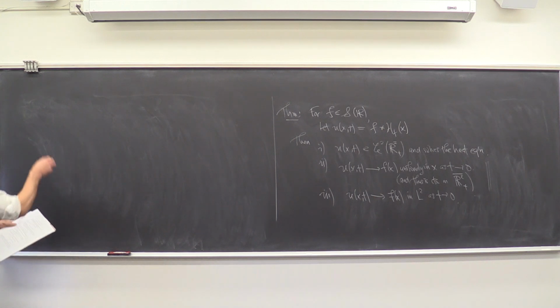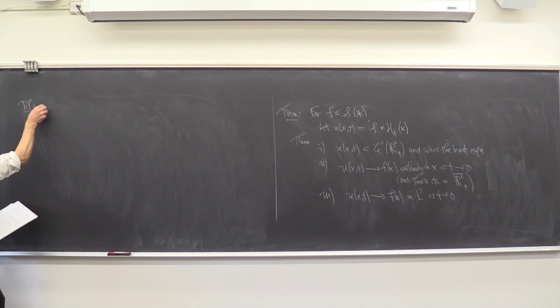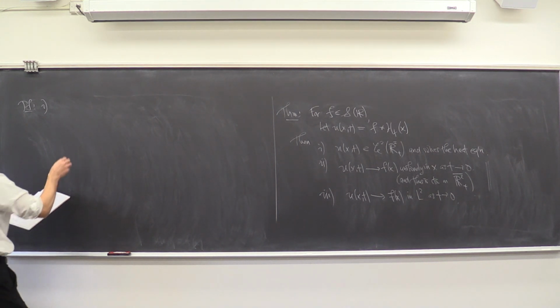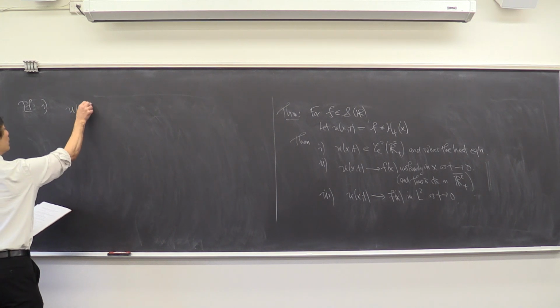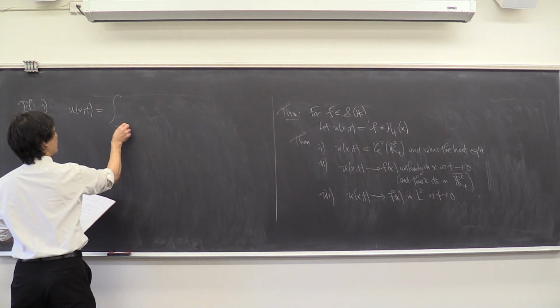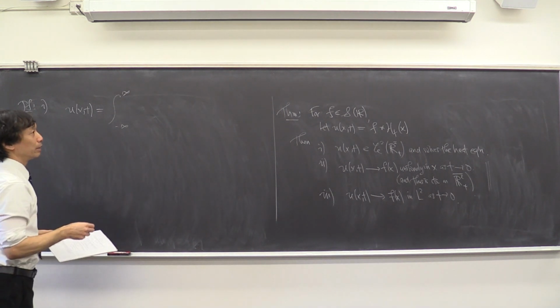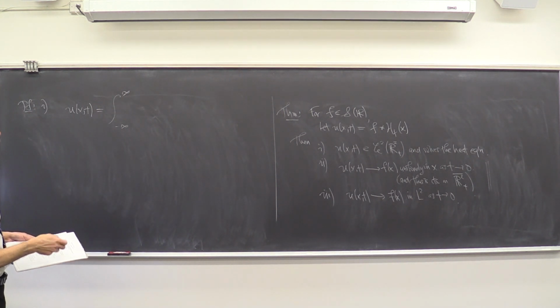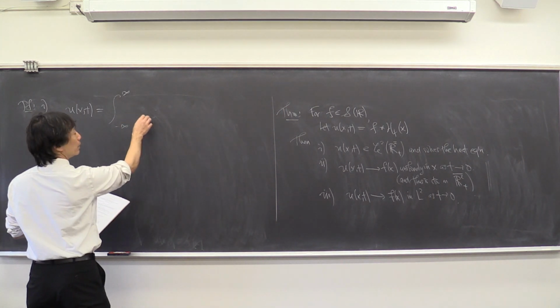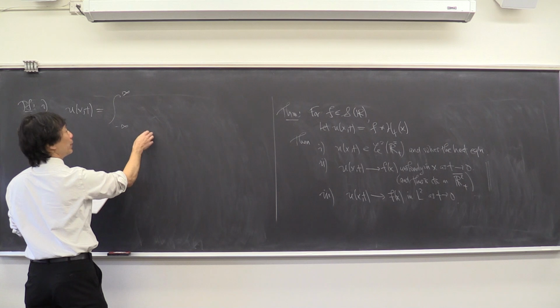Okay, and so what we do is we use Fourier inversion. Let's rewrite this thing in terms of the inversion formula. So it's going to be the integral, the inverse Fourier transform of the Fourier transform.